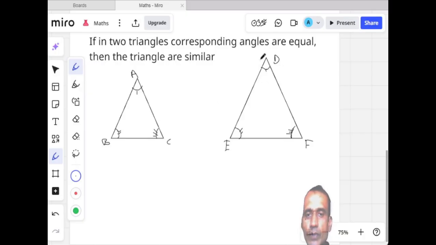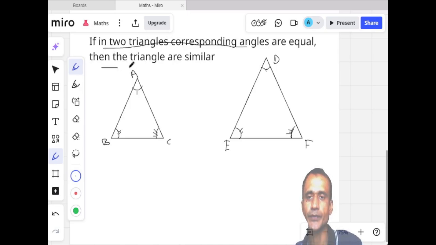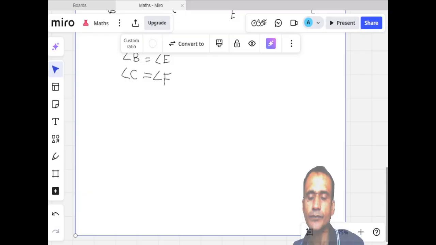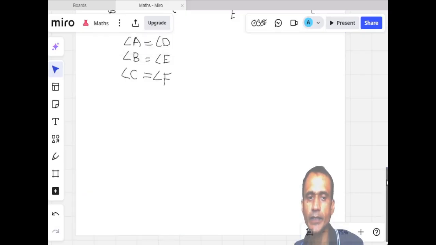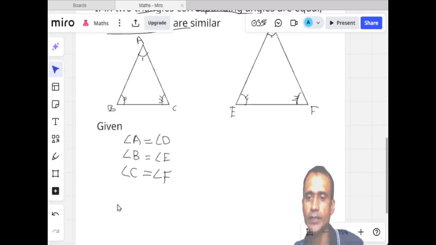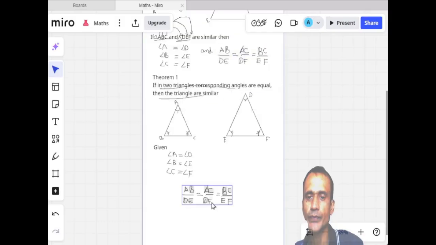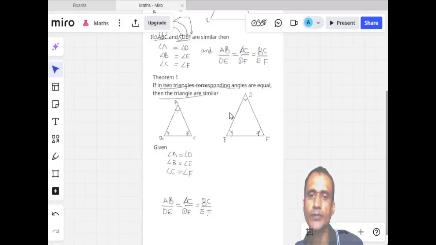And if we prove that their corresponding sides are proportional, then by definition this theorem will be proved. So this is given to us as per the theorem, that the corresponding angles of these two triangles are equal, and we are required to prove that their corresponding sides are proportional.